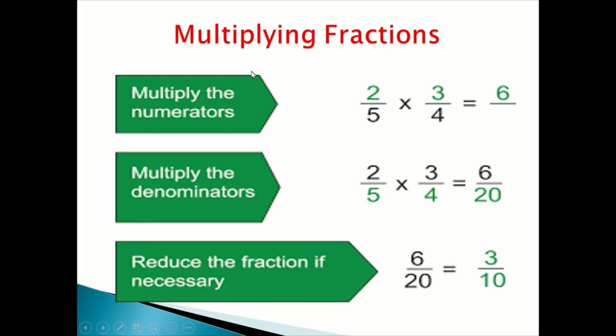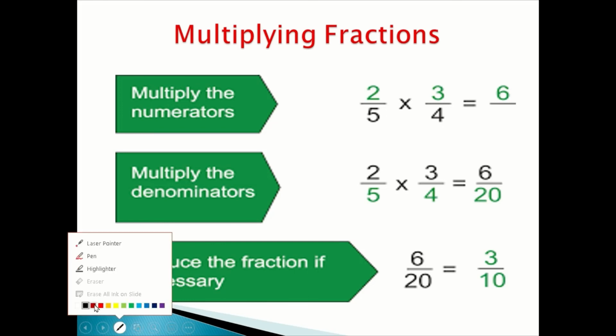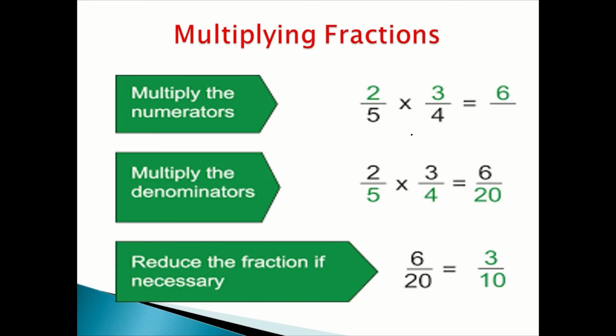Now let's have multiplying fractions. How do we multiply fractions? First things first is to multiply the numerators. Okay, in this given we have, let me illustrate. Numerator multiplied by the numerator, so that's 6.